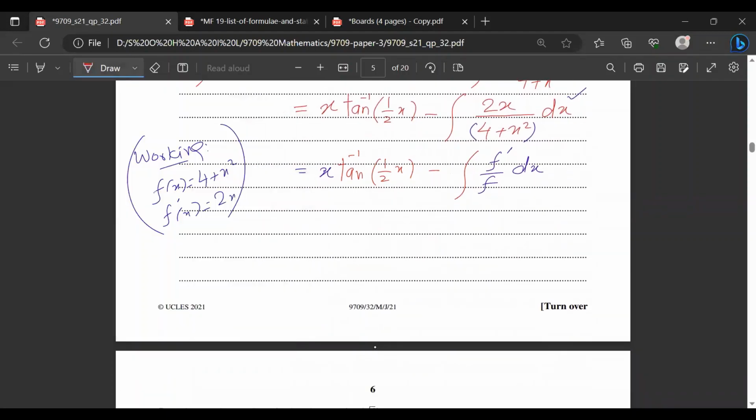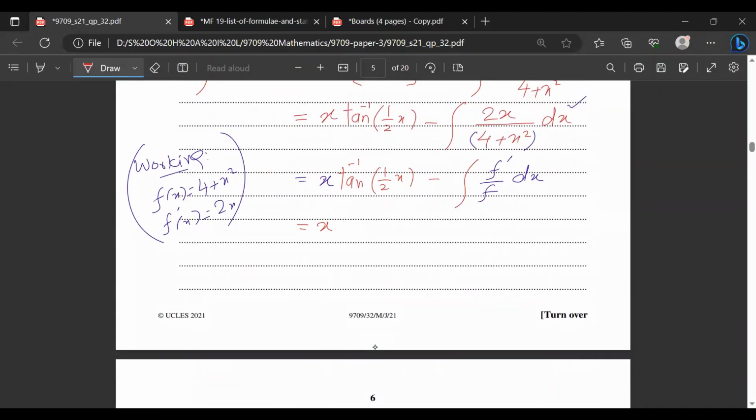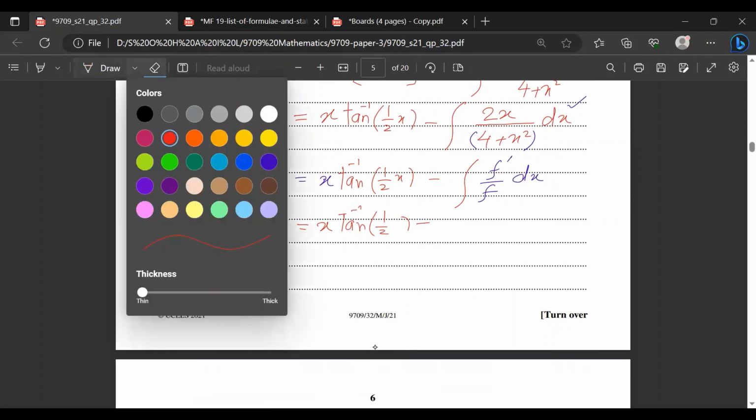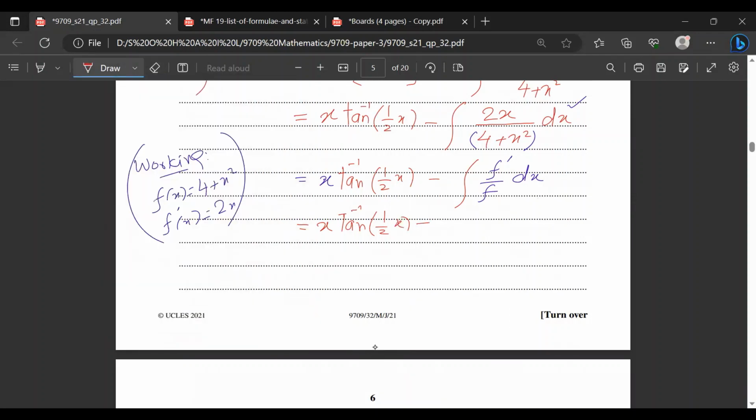Next is x tan inverse of half x minus natural log of f, which is x tan inverse of half x minus natural log of 4 plus x square. You can write this directly from here.